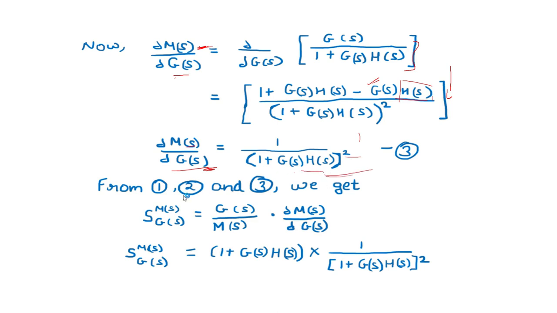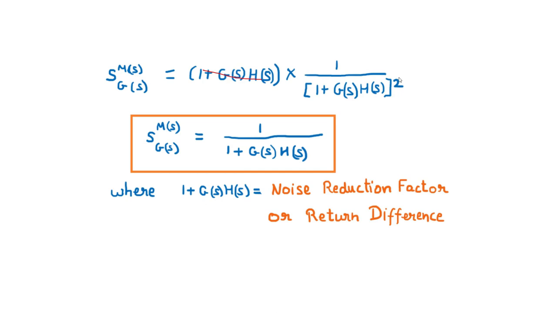So now we will combine the results of all the three equations and put them in this formula, then we get this. So this gets cancelled and here we get sensitivity is equal to 1 upon 1 plus GSHS. Now this formula you can remember for answering questions quickly in 1 second, because it is asked like this only, that find the sensitivity with respect to forward path.